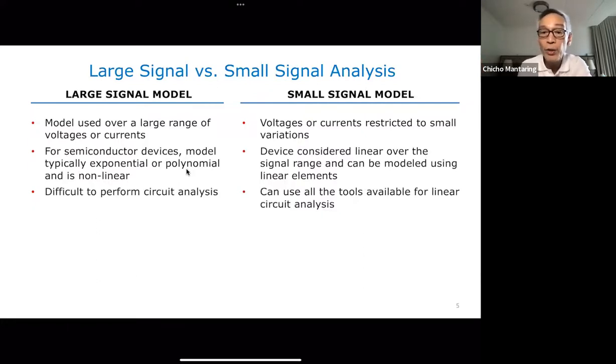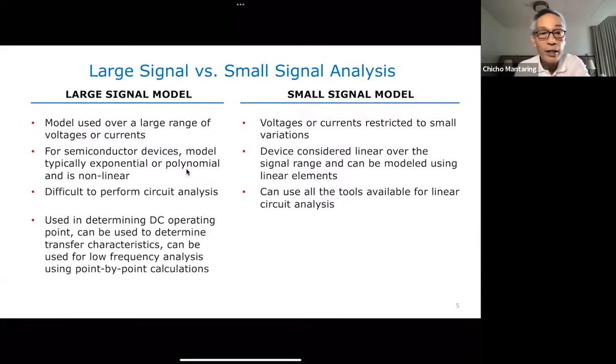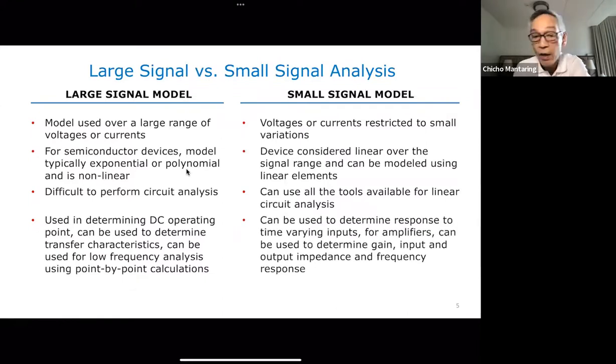You can use these tools for linear circuit analysis. Okay, so the large signal model, this is used in determining the DC operating point. You can use this to determine transfer characteristics. You can use this for low frequency analysis. On the other hand, the small signal model, you can use that to determine the parameters of your amplifier. Gain, input and output impedance, frequency response. So those are the distinctions between small signal and large signal.